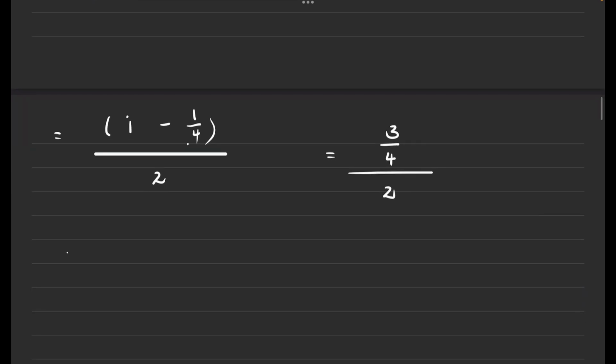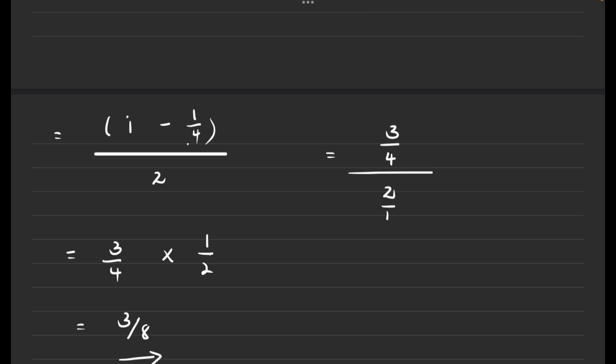You can put this in your calculator, but I'm just going to do it step by step. So it's going to be 3 divided by 4, and then I'm going to multiply this by what? Remember, here this was 2 divided by 1. So now I'm going to multiply with the reciprocal, which is going to be 1 over 2. So this equals 3 divided by 8.